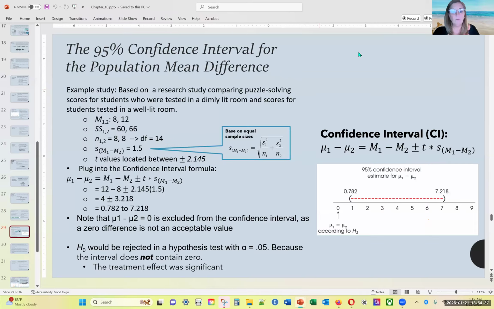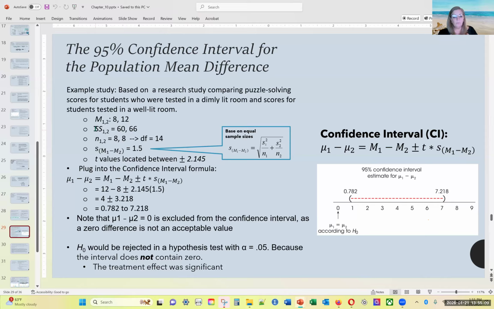All right, so we're going to give you a little example of how to calculate a confidence interval if you decided on a confidence interval of 95%. Based on a research study comparing puzzle solving scores for students who were tested in a dimly lit room and scores for students tested in a well-lit room, we have the means for each of those groups, 8 and 12.